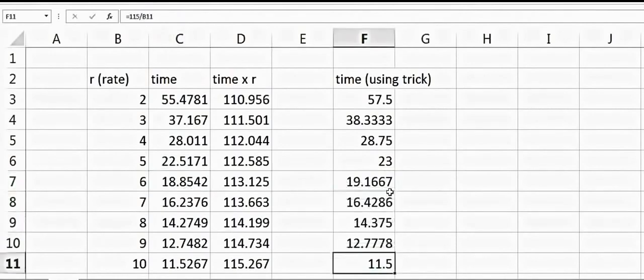So it is a good approximation. This is very close, it's 11.52, and this is 11.5. If you use this trick, we don't get the exact number, but we get an approximation for the time it should take, and that could be very handy when you are thinking about different investments, and you want to get a quick sense, or want to get quick numbers in your mind.